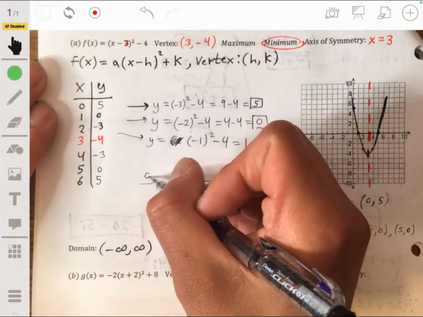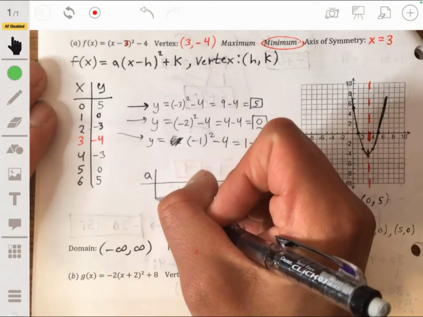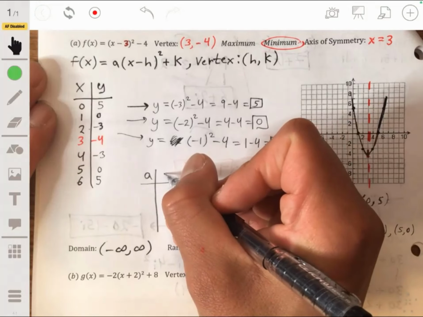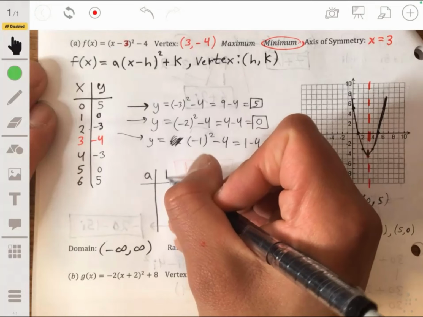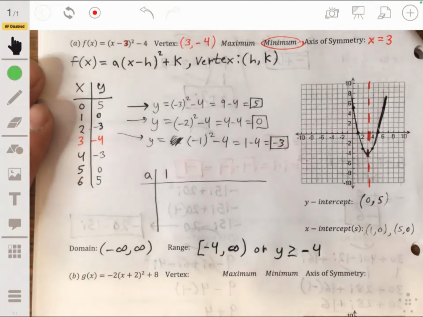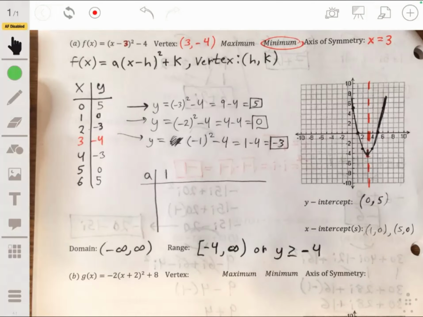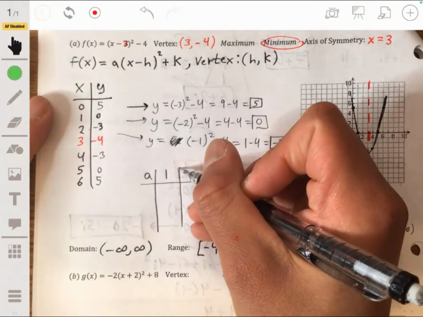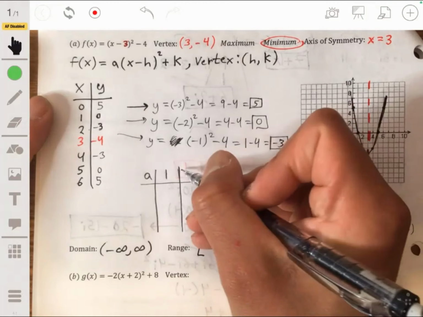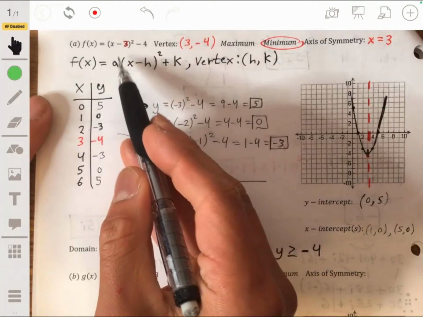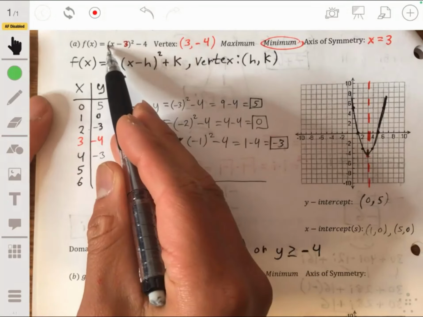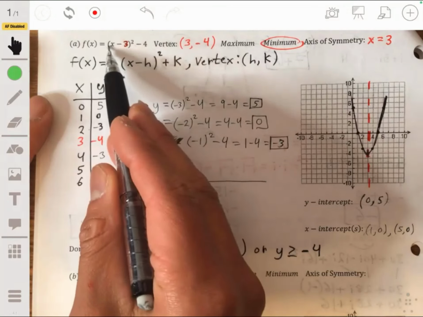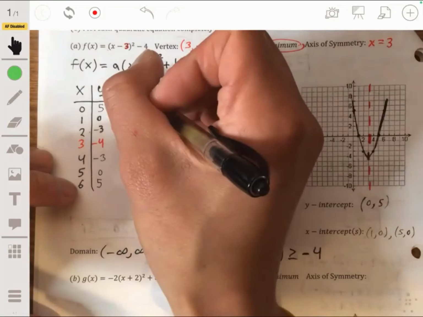And in this table, I'm going to put A across the top. Let's pay attention closely because you're going to like this. In this problem, A is equal to 1 because it's 1 times x minus h. So in this case, A is 1.